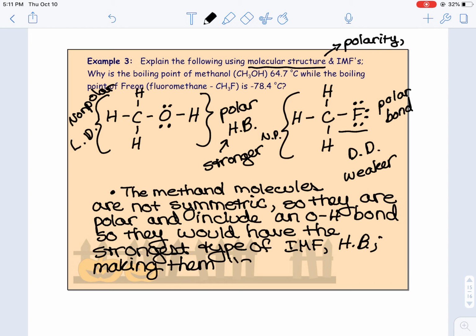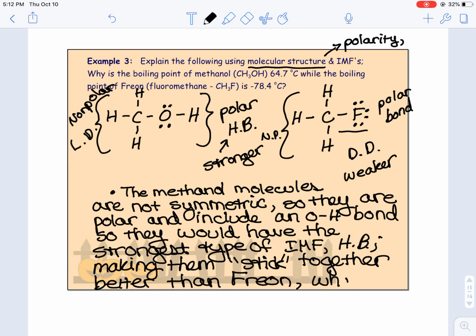Making them, you could say, stick together better than Freon, which has weaker dipole-dipole forces.